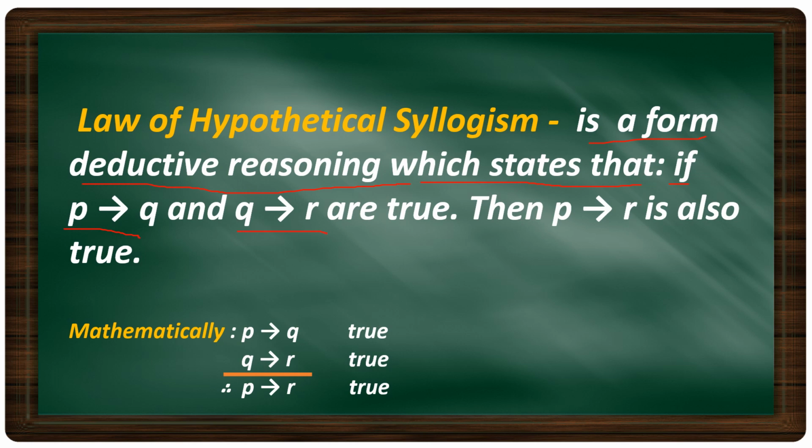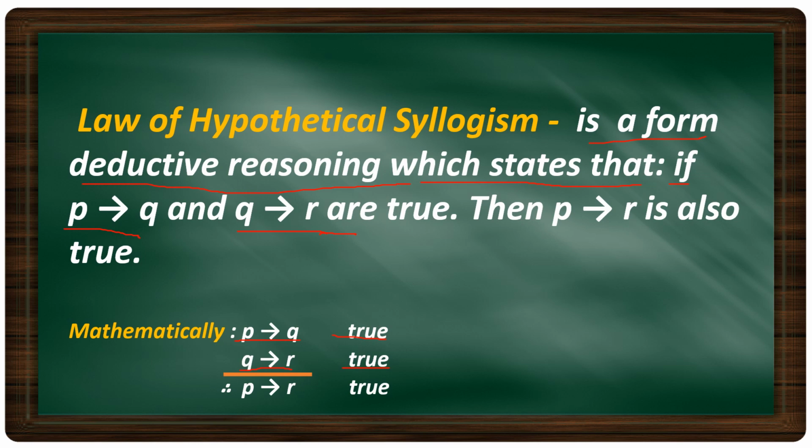That means the first statement must be true. If our first statement is correct, so is the second statement. Therefore, P, then Q must be true. The second statement, Q, then R, is also true. If both are true, it's normal that the answer must also be true.